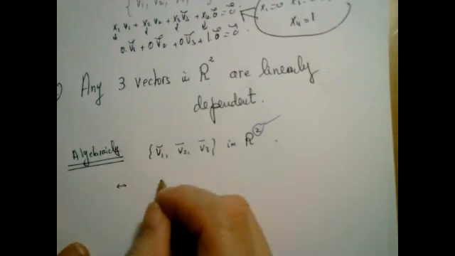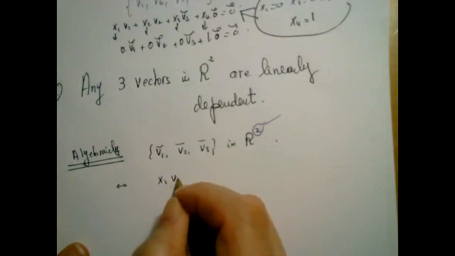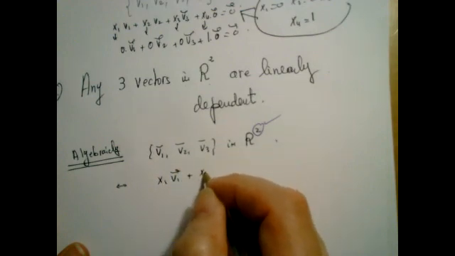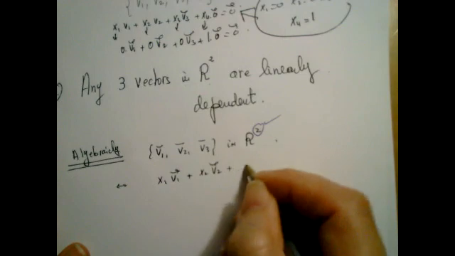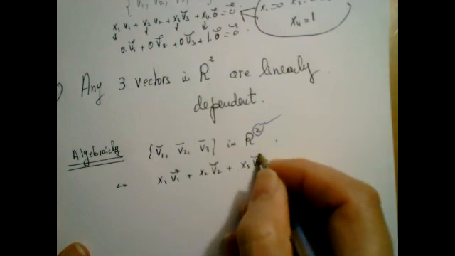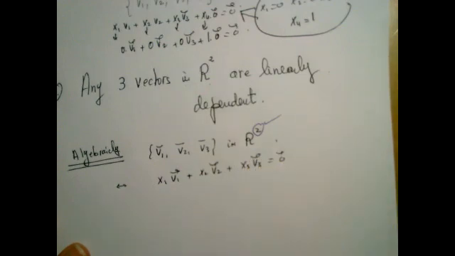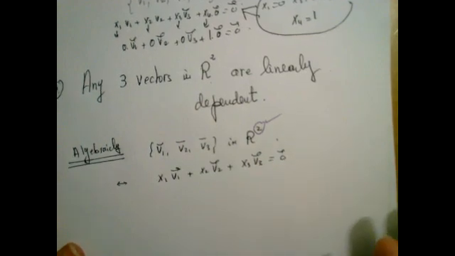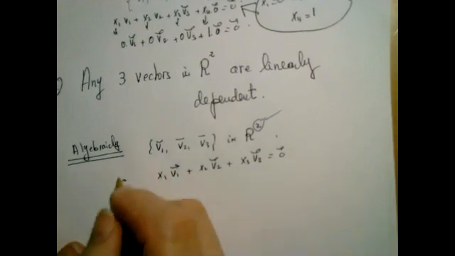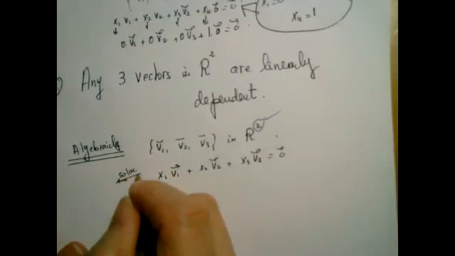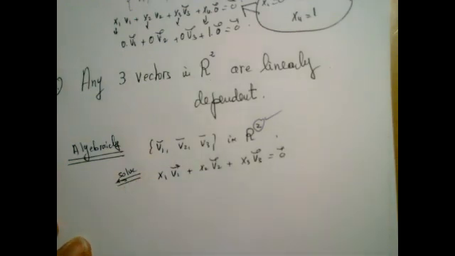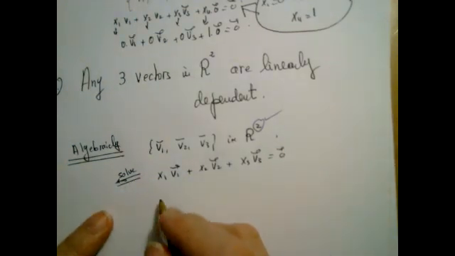To do that, it means I have to solve this equation equal to 0. And I have to convince you somehow that when I solve it, I have a non-zero solution. So we have to solve this equation.